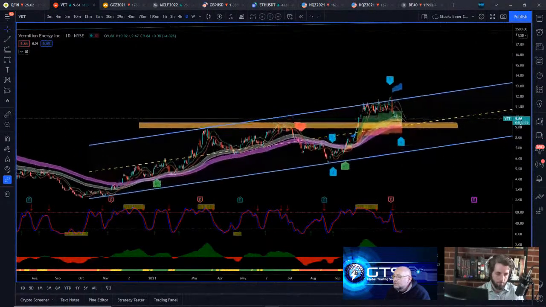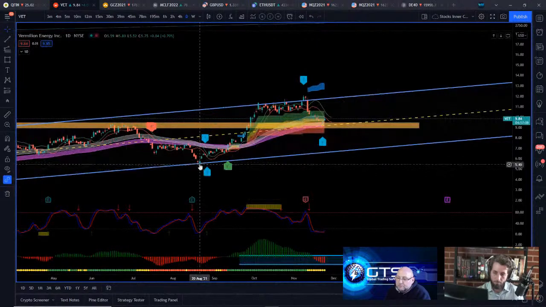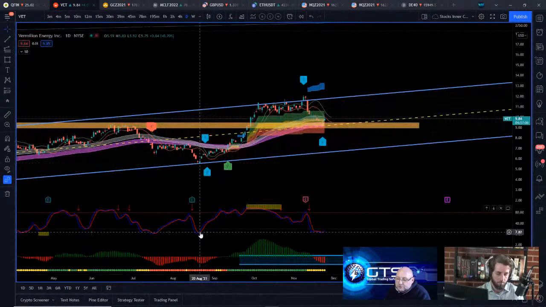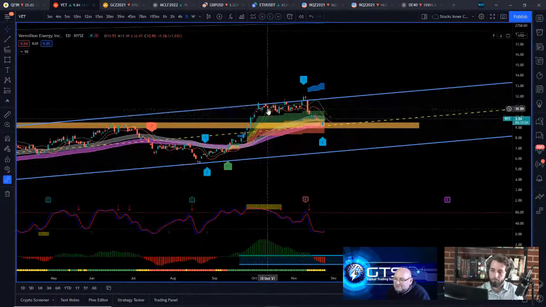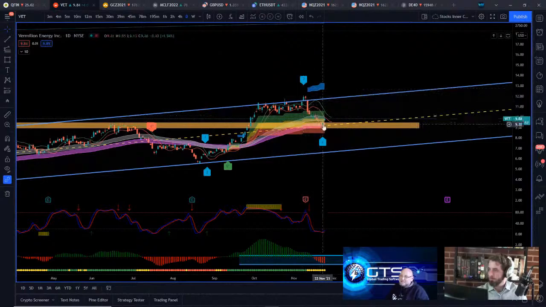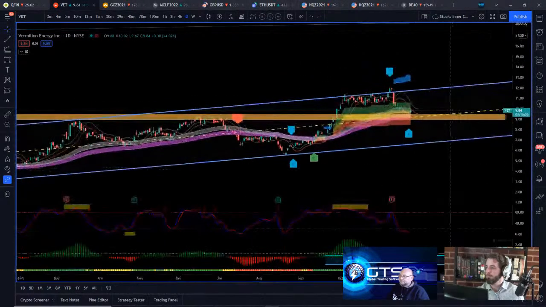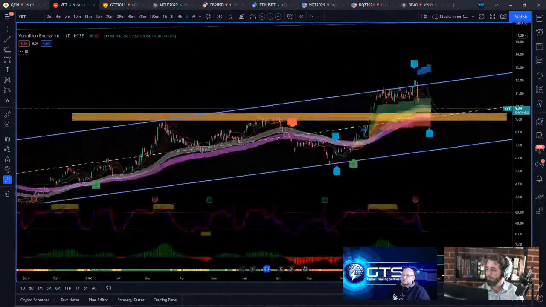We've got some great tests on the center line here, both from above and below. What I'm really interested in at the moment is this short-term bullish run from the bottom of the channel. It crossed over in the oversold zone on the stochastic. We came up and tried so many times to push through that resistance, and then it's pulled back on a wave 4. What really interests me here is that I've got support.